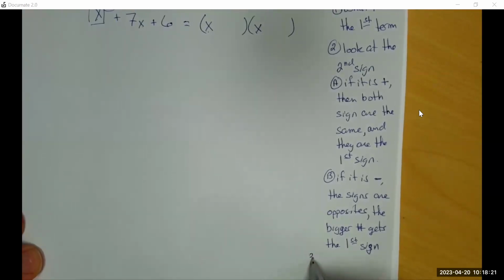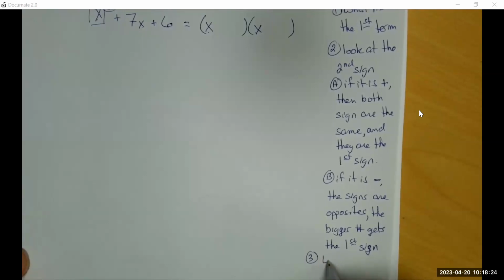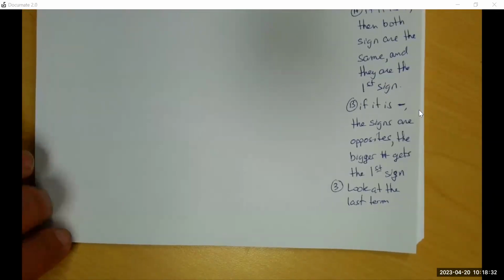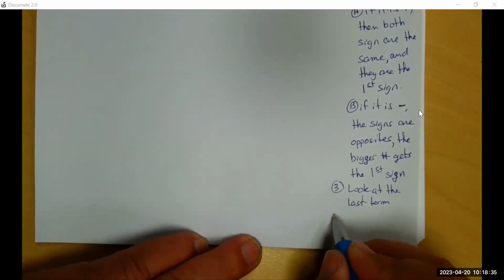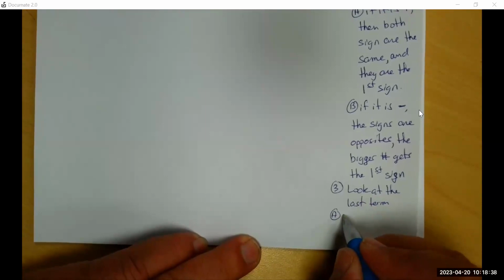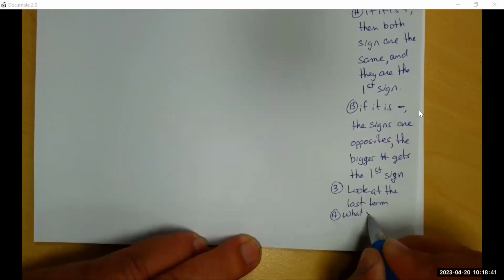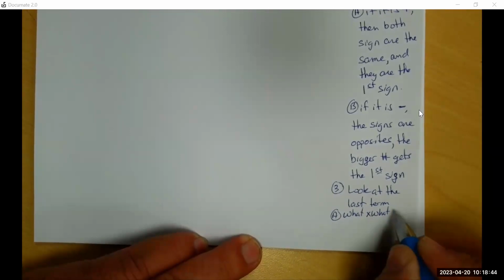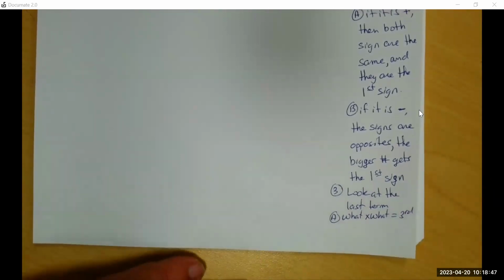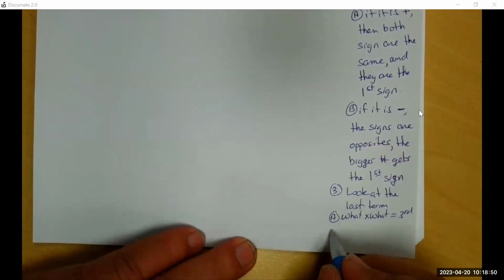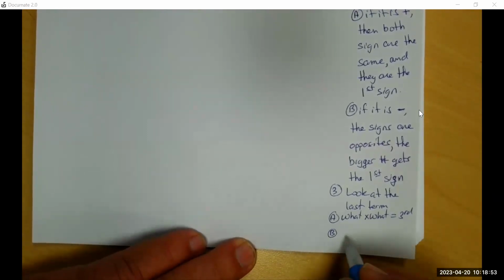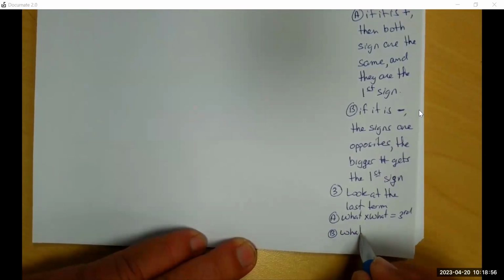The third step. Look at the last term. You have to figure out what times what equals the third term, that when you add or subtract them, you get the second term.